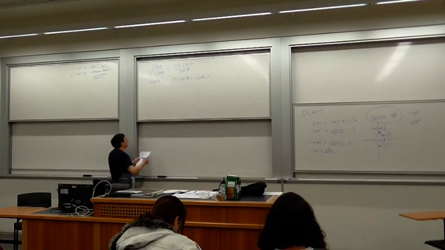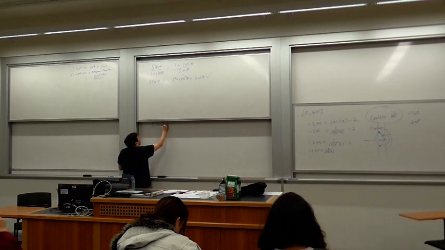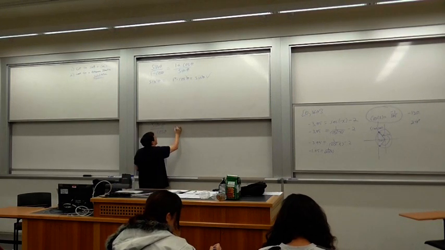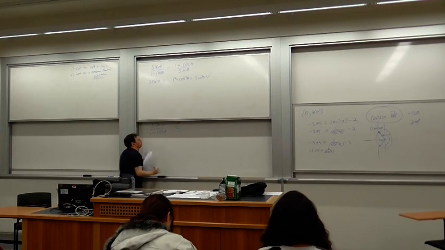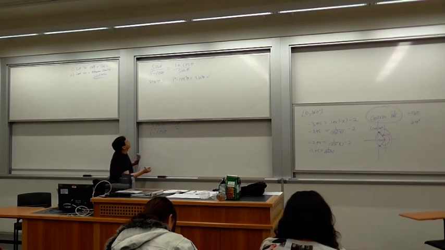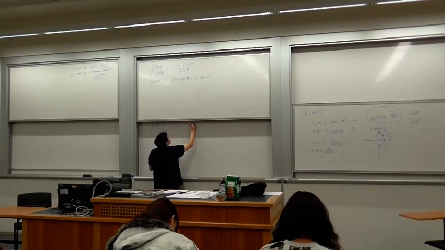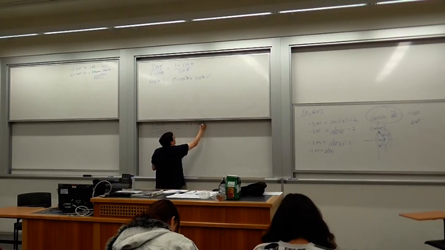Let's start over. We want to show that sine theta over 1 minus cosine theta, and I'm going to put a little question mark here, we don't know this, that's what we want to show, equals 1 plus cosine theta over sine theta.